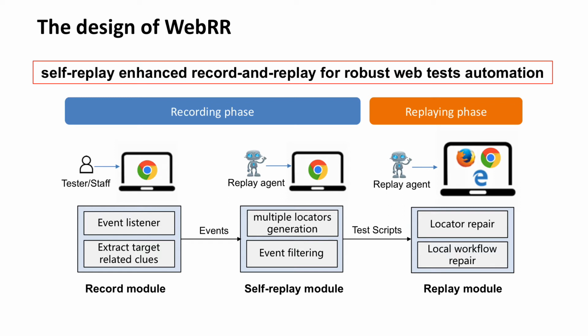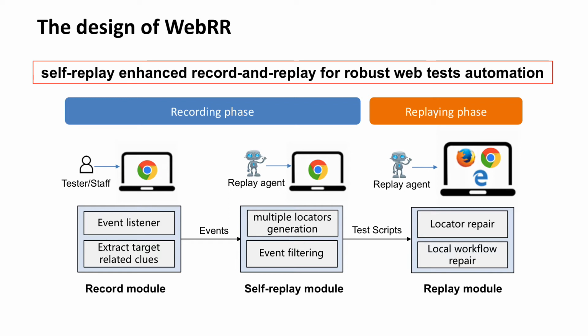The difference is that in the recording phase, we design a new self-replay module which can generate multiple different types of locators automatically, including visual locators, DOM locators, and a new kind of proximity locators.